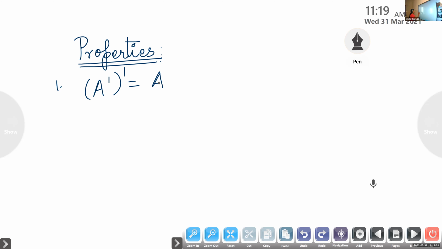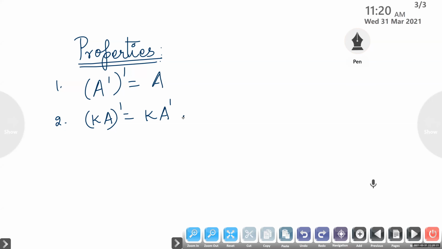What about the second one? K A the whole dash is equal to K into A dash. What is K? We have learned this during multiplication also. What is this K? Can anyone answer that? Constant.